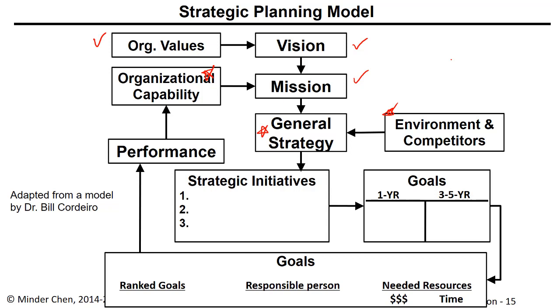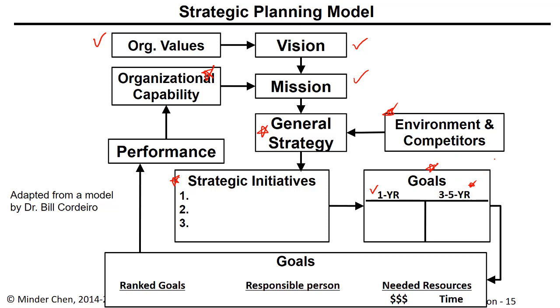We'll talk about strategy formulation in another lecture, and eventually we need to lay out the strategic initiatives, what we need to do in order to implement our strategy. And those initiatives should be measured against a set of goals, which can be short-term, 1 year, or long-term, 3 to 5 years.